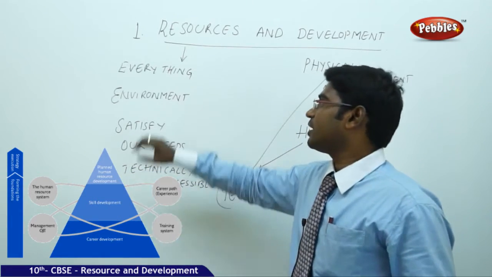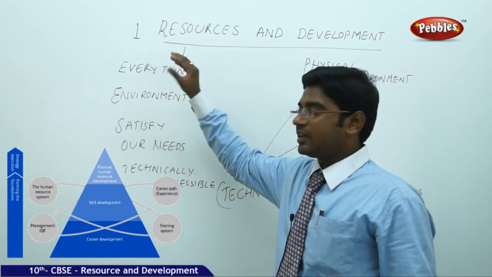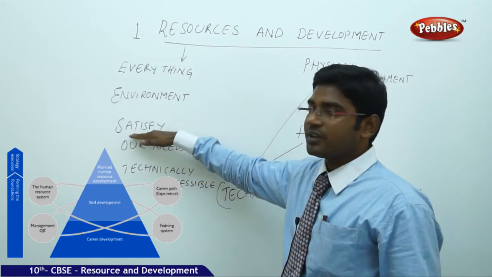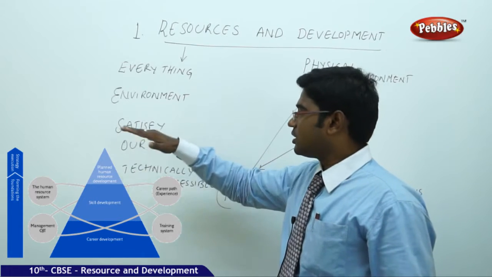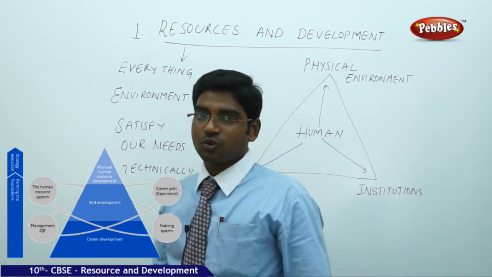A resource is a subject or an object which is available for us, everything in the environment to satisfy human needs or wants, made usable with the help of technical knowledge, is known as a resource.